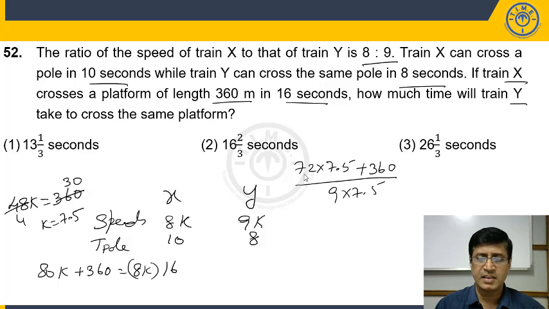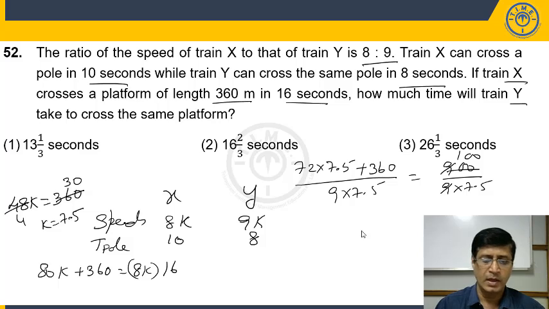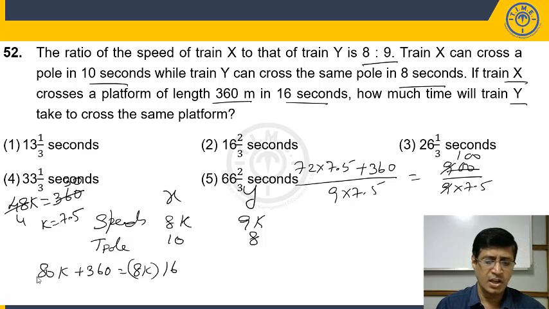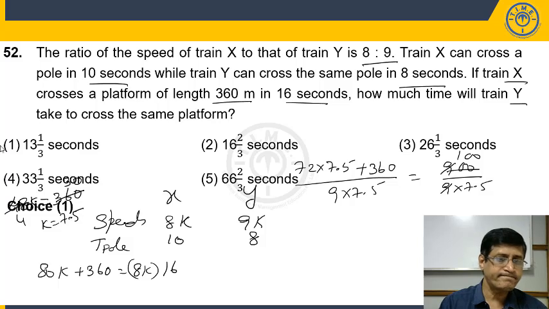Simplifying 72 into 7.5 plus 360 by 9 into 7.5, you will get 900 by 9 into 7.5. 9 goes exactly 100 times. So 100 by 7.5, and 7.5 is 15 by 2. On solving this, you will get 13 1/3 seconds. The right choice is option number 1. The first choice is the answer.